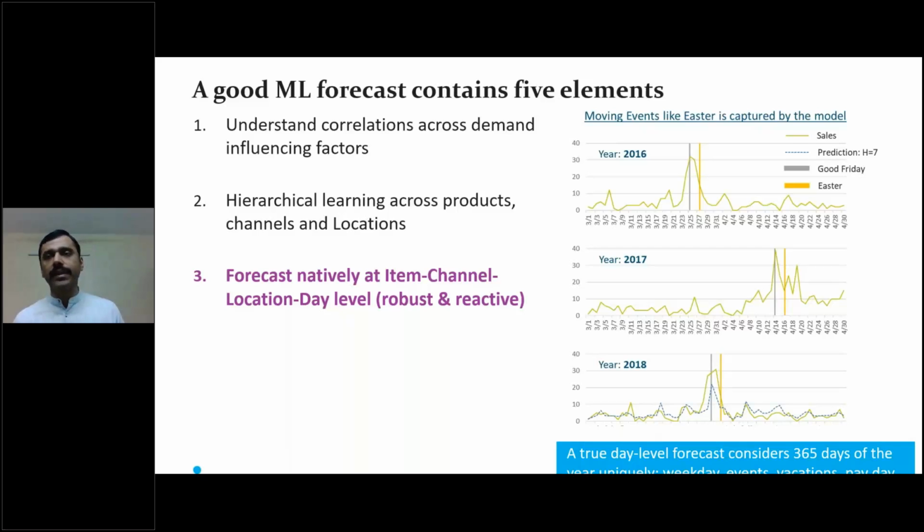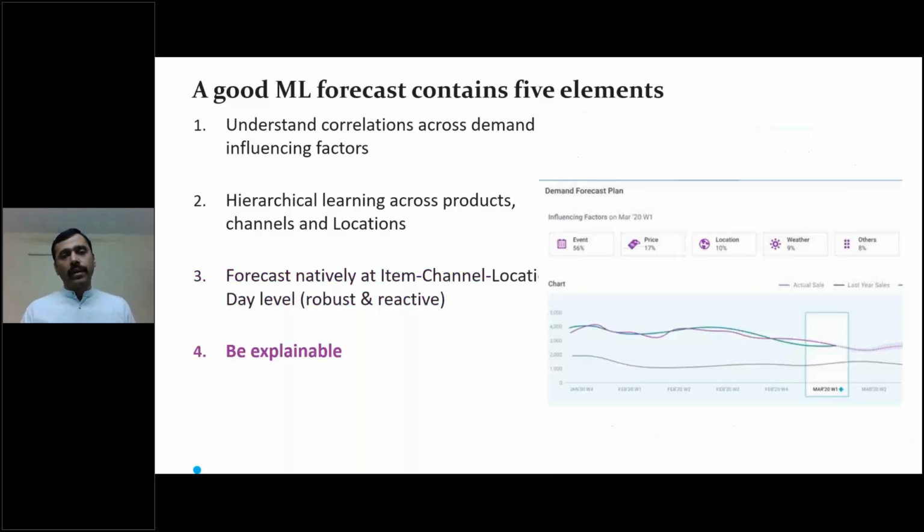Natively in the sense that it's not a breakdown from a higher level, but really considering the day-level sales and forecasting at the day level. So that's a true, native day-level forecast, and that should be an inherent capability in an ML-based approach.